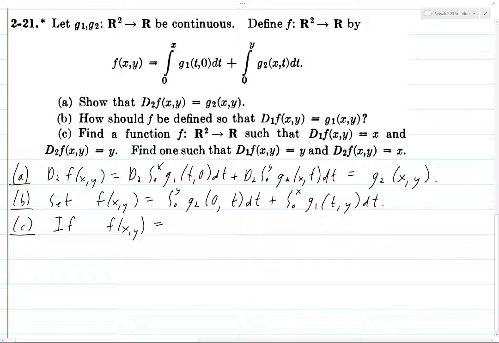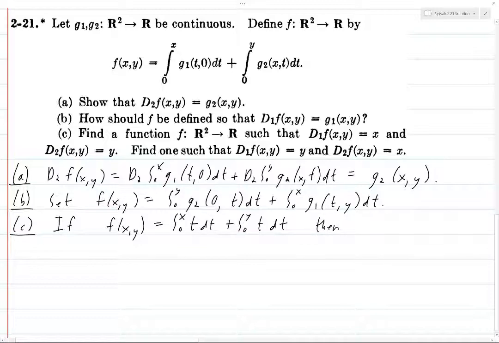So we're going to have something plus the integral from 0 to y of t dt. And if we want the derivative with respect to x to be x, then we need to do the same thing for the first term, t dt.